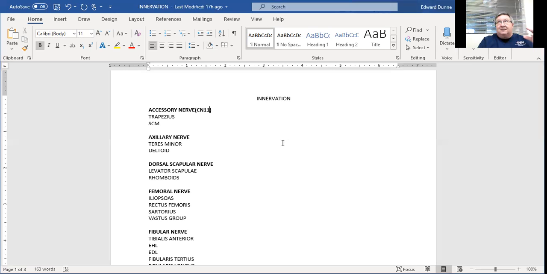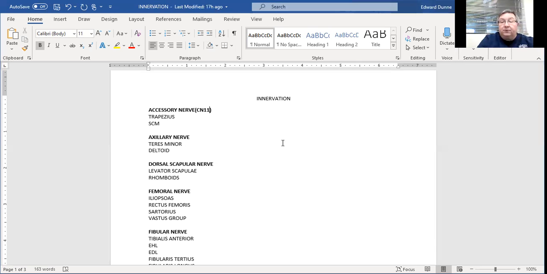I think it's like C7 through like T5 or T6. Remember, it comes from the middle portion and it inserts onto the medial border of the scapula. So both of these muscles insert onto the scapula. The levator scapula is at the superior angle, and the rhomboids are a little bit further down on the medial border.